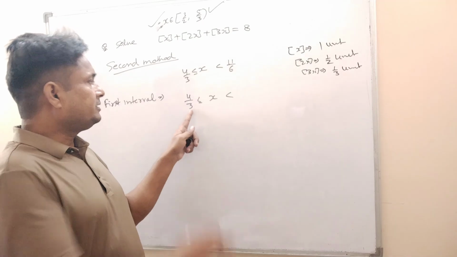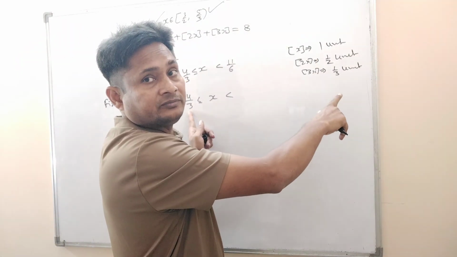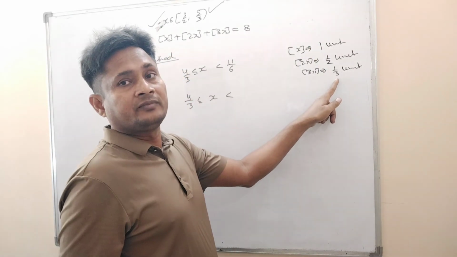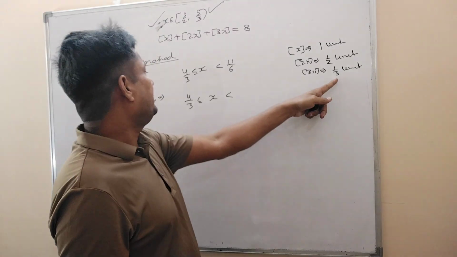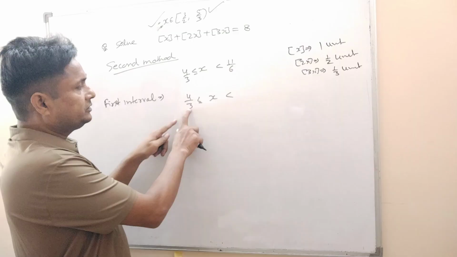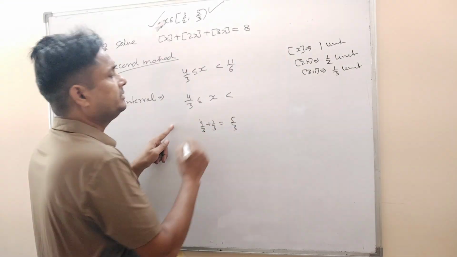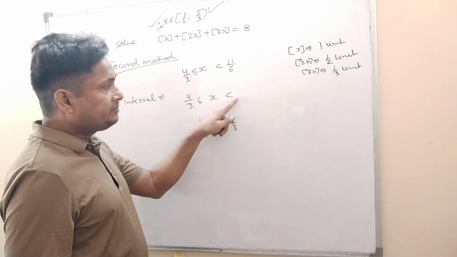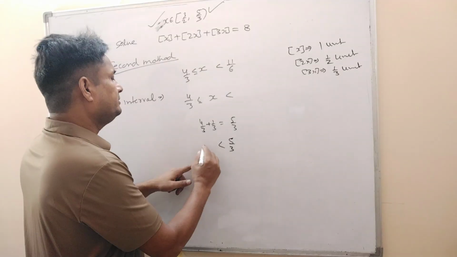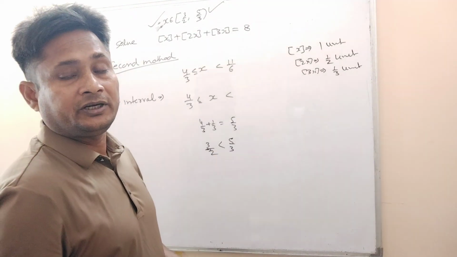So if you add here, lowest length of interval will be 1 by 3. And if you add 1 by 3 to 4 by 3, it will give you 5 by 3, right? And 5 by 3 is greater than 3 by 2.